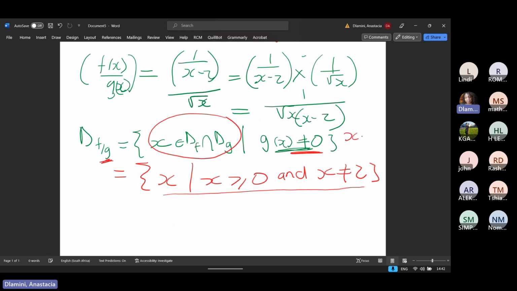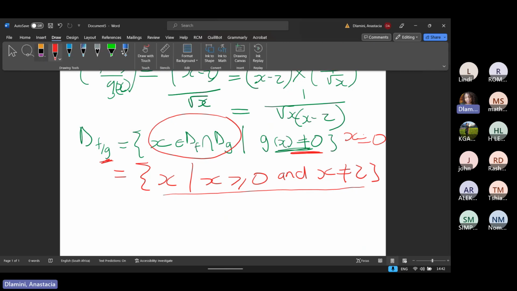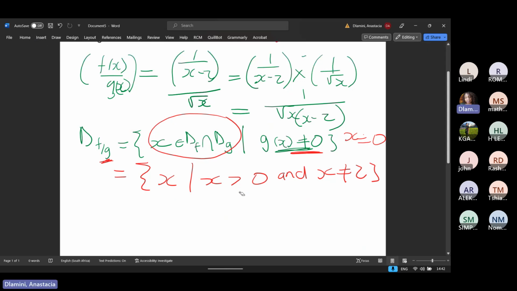In this case, X equals 0 is the one that makes our denominator, the function G, equal to 0. So we come to the domain that we already have and remove the 0. So X becomes X greater than 0 and X not equal to 0. Does that make sense?